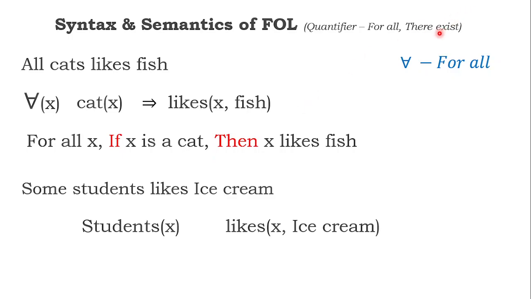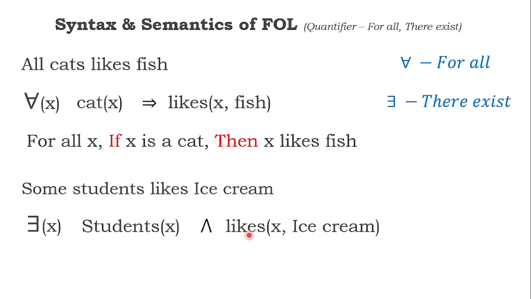Now the letter E is inverted. For all, A is inverted; exists, E is inverted. This is the syntax. There exists x. x is a student. x likes ice cream. But something is missing here, sir. Whenever we use for all, we use implies. Whenever you use there exists, we use and, which is called conjunction.